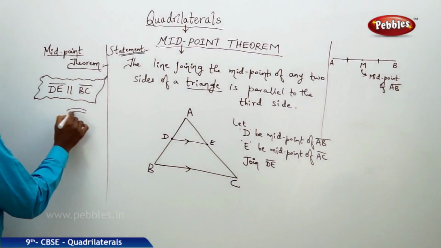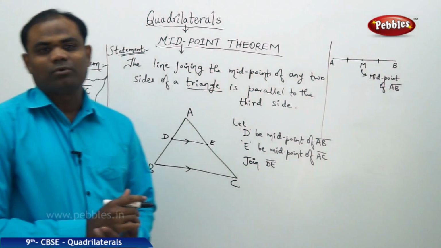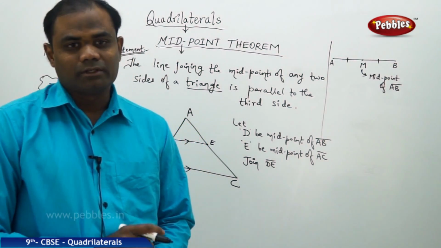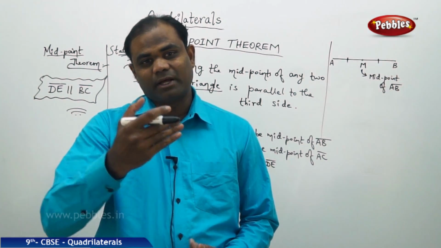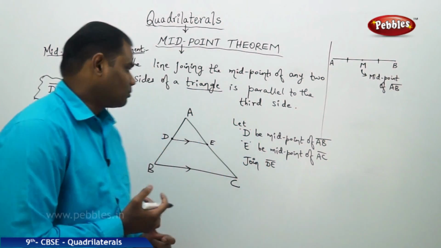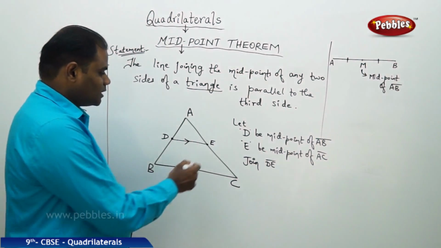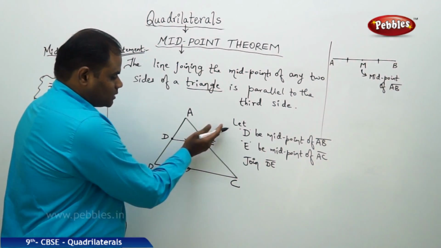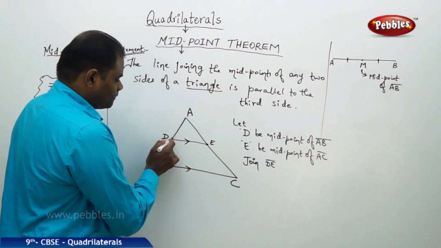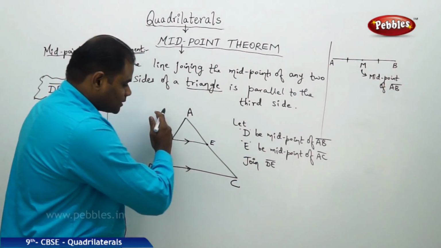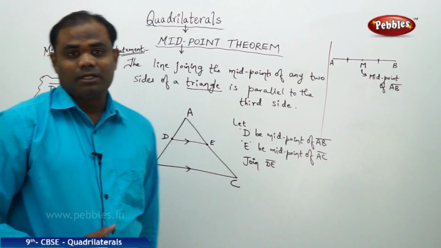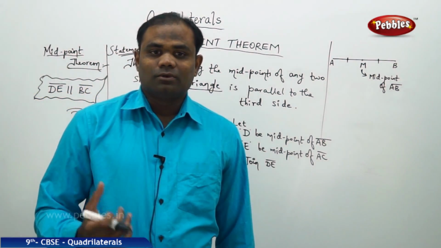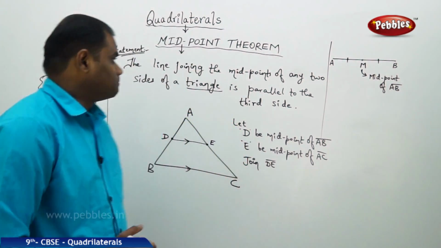The line joining the midpoints of any two sides of a triangle is parallel to the third side. It need not be these two particular sides. If I take the midpoints of any two sides, then the line joining the midpoints must be parallel to the remaining side.